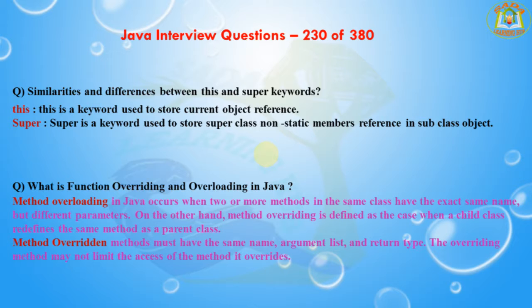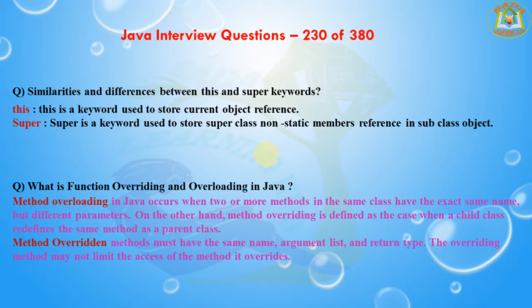And super is the keyword used to store the superclass non-static members reference in subclass objects. It is used to separate the superclass and subclass members if both have the same name. Finally, this is a keyword used to store the current object reference, and super is the keyword used to store the superclass non-static members references in the subclass object.